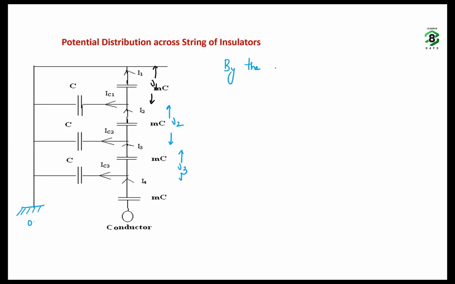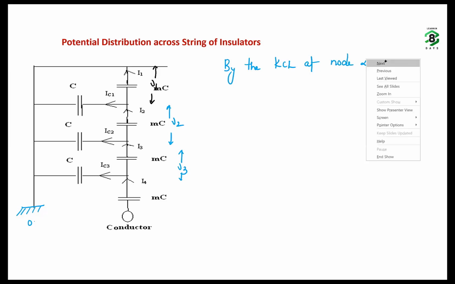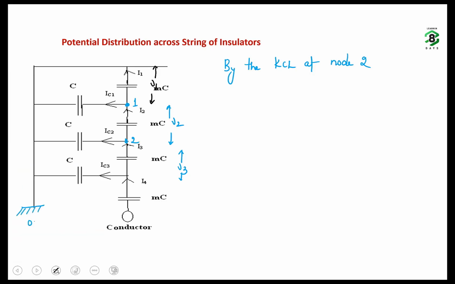By Kirchhoff's current law at node 2, the sum of entering currents gives I3 equals I2 plus IC2.